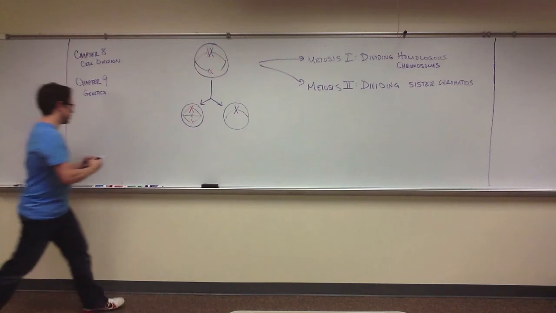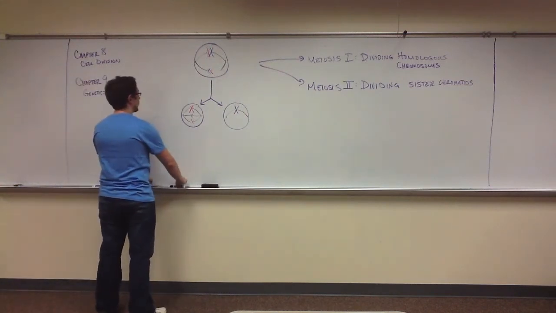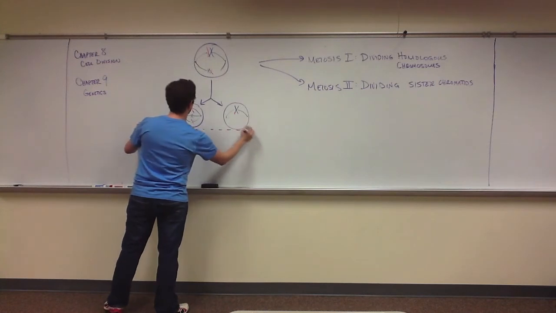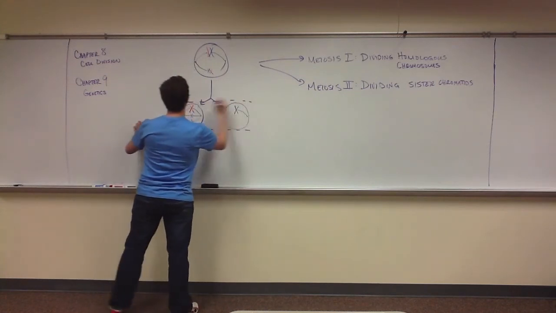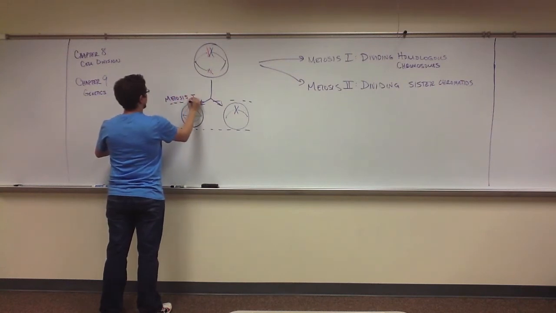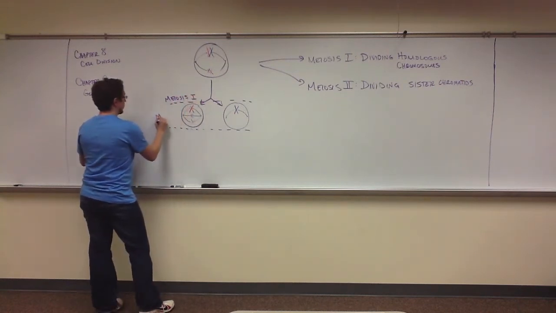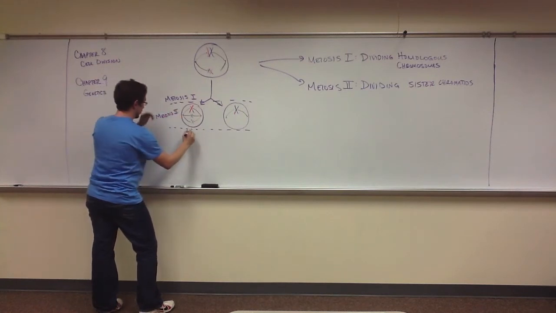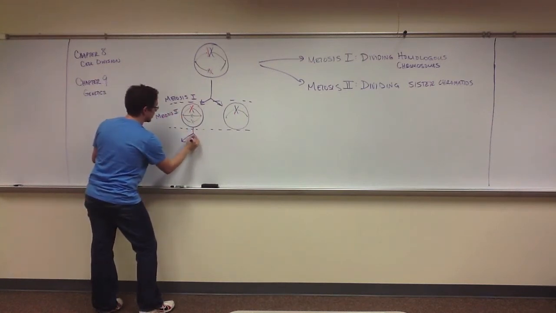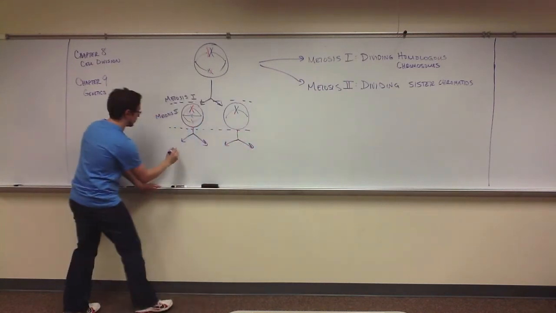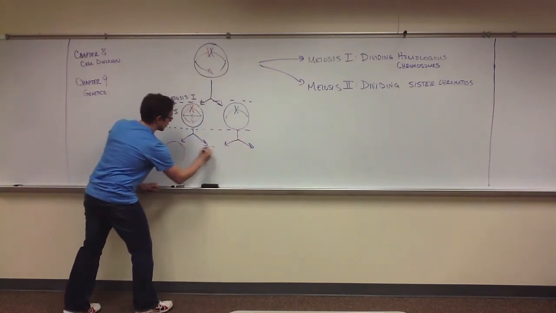Okay, so this, I guess just so you can see, this is the end of meiosis 1. And here is meiosis 2. So that when each of these cells then divides, here is the overall outcome in terms of my final cells.